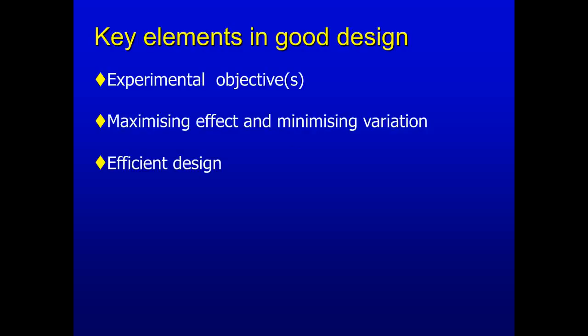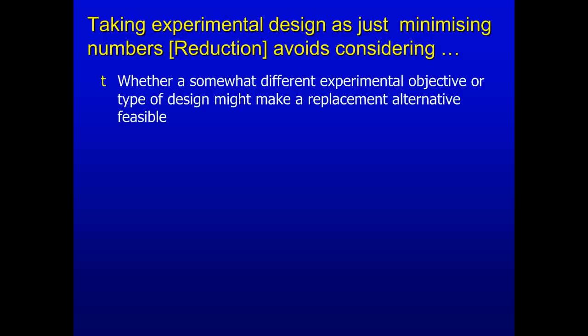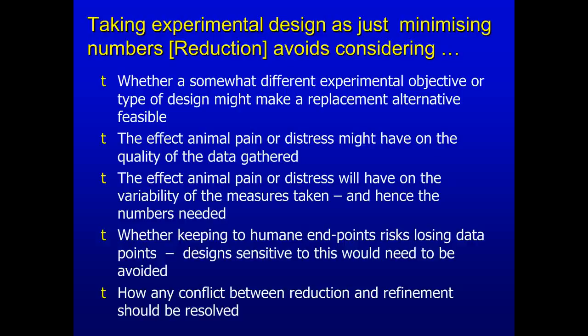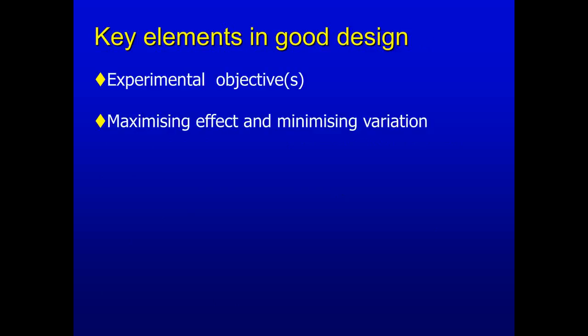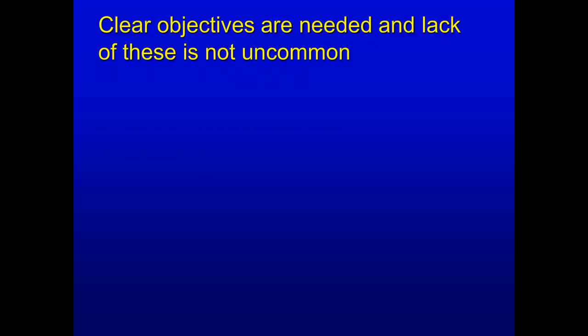So the key elements in good design you might consider to be the objectives, maximizing the effect and minimizing variation, and getting an efficient pattern of your experimental units and experimental treatments.